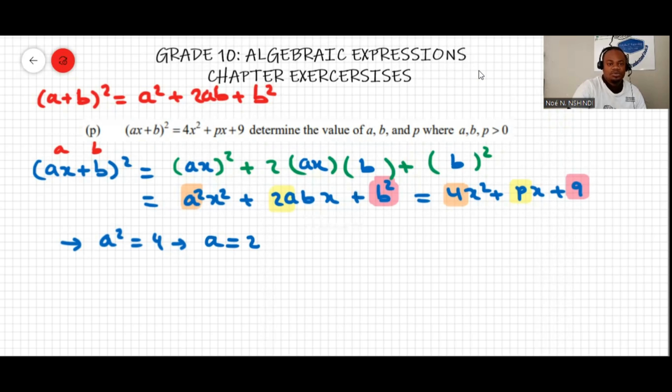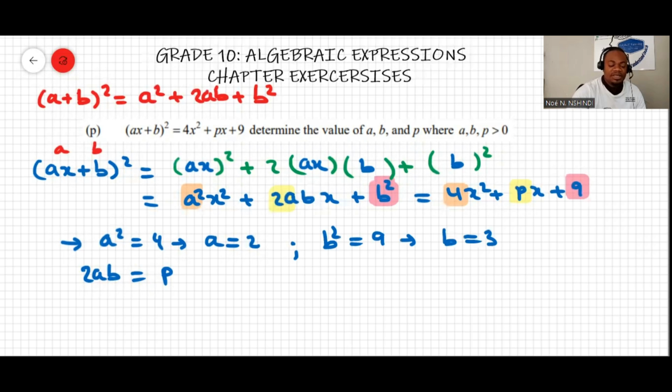Or 4 is like 2 squared, and then we can just cancel the exponent and say a equal to 2. And then we also have 2ab equal to p. Now, before I do 2ab equal to p, let's first work out b squared equal to 9. From here, we can say that b equal to 3.